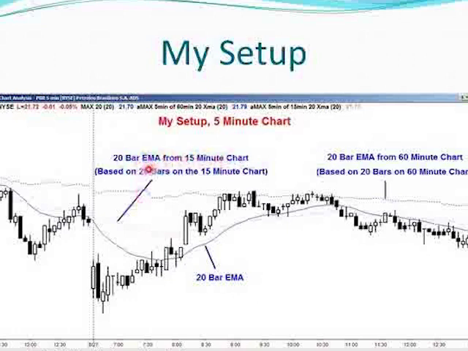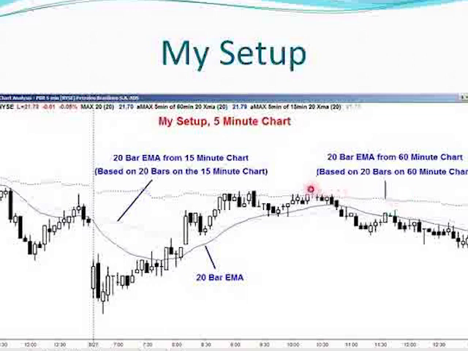So in other words, it's based upon 20 15-minute bars. And this other line is also a 20-bar exponential moving average, but it's based on the 60-minute chart. In other words, this line is exactly at the prices that I would see the line on a 60-minute chart.